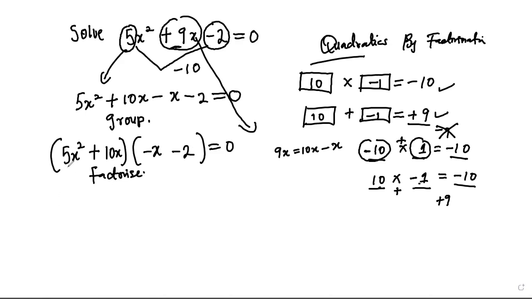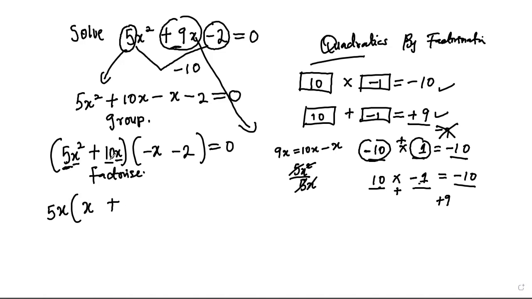How do you factorize? What is common here? You see that 5 is the highest common factor here, so you factor out 5. And for the variable, you see x is another common factor. So you factor out 5x. If 5x divides 5x squared, the x will cancel out one of them, 5 will cancel out 5, so you have just x remaining.